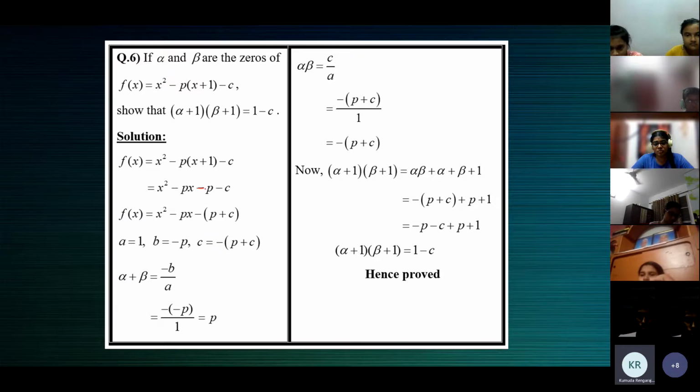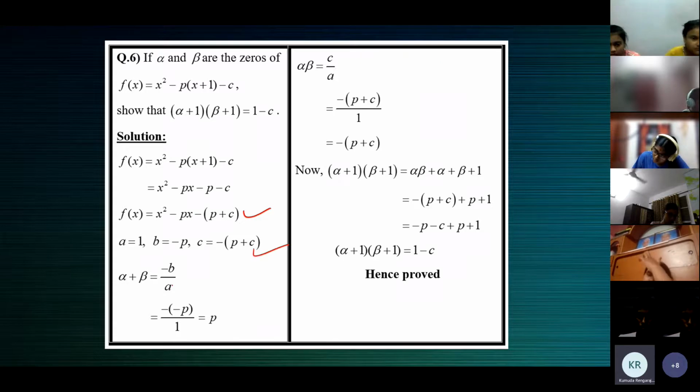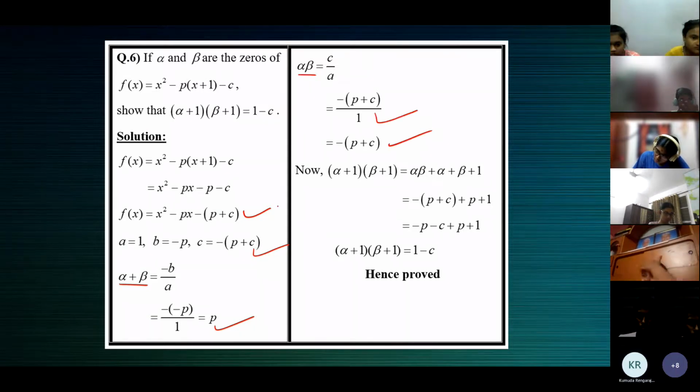I've just taken this minus common, that's all, and got p plus c in the bracket. So a is 1, b is minus p, and c is minus of p plus c. So after writing in the standard form, write out the values of a, b, c, then find the sum of the zeros, minus b by a, and the product of the zeros, c by a. Then take up the LHS.